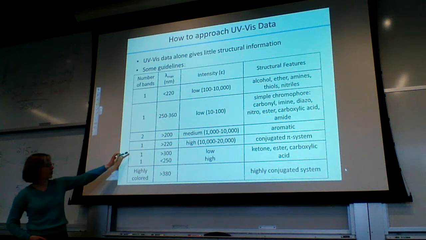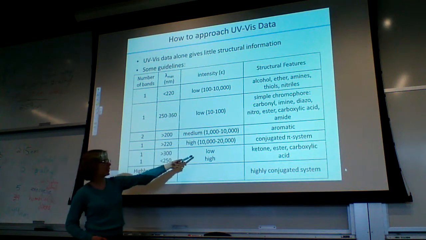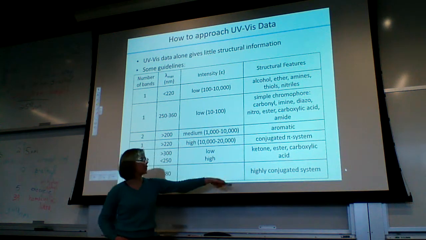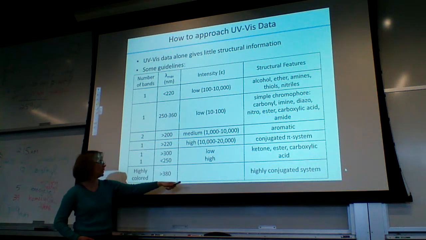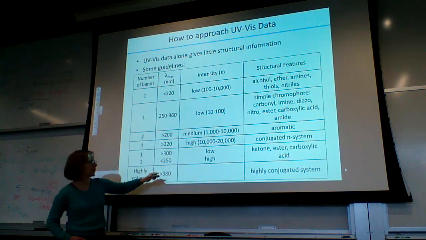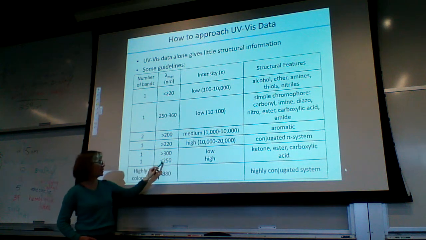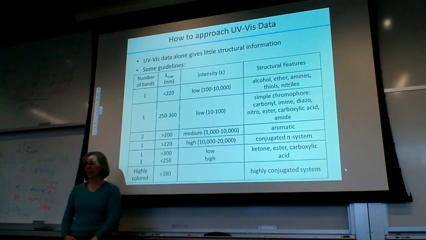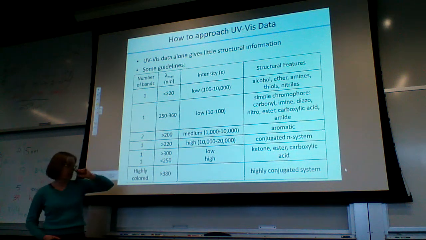If you have 2 bands, one that's greater than 300 and not very intense, ketone, ester, or carboxylic acid, and it has a second band that is less than 250 that is intense. Same thing. So you need one band greater than 300, not very intense, and one that's less than 250, and it is intense, then you're going to think of those functional groups.